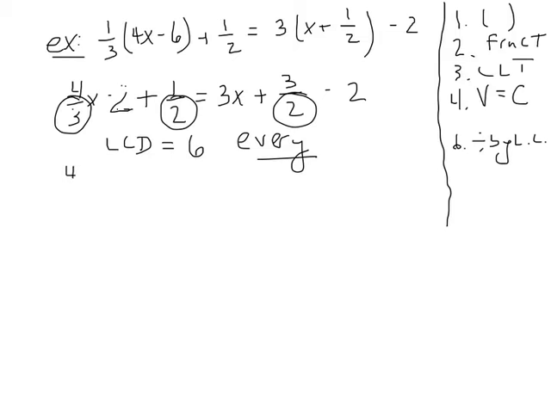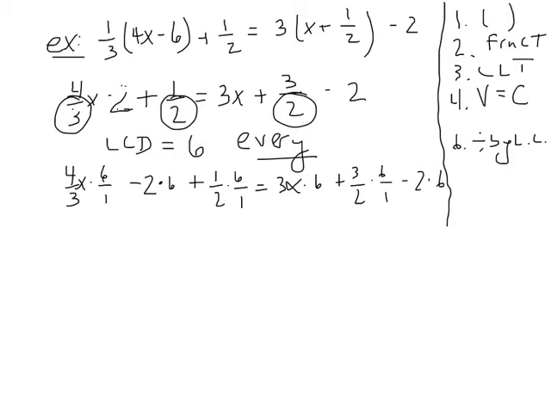So we're going to multiply 4/3 x by 6 over 1. We're going to multiply 2 by 6. We're going to multiply 1/2 by 6 over 1. We're going to multiply 3x times 6. We're going to multiply 3 over 2 times 6 over 1, and then negative 2 times 6.